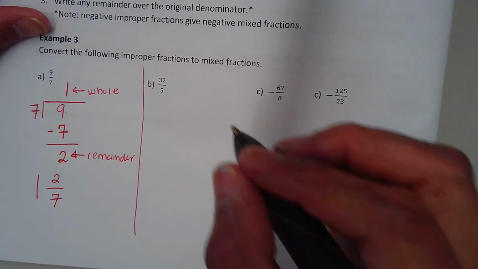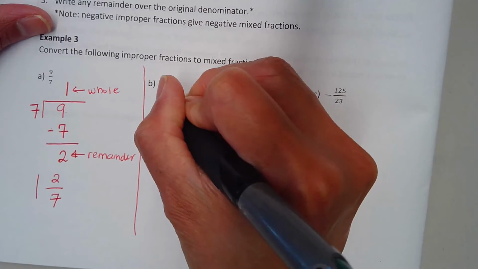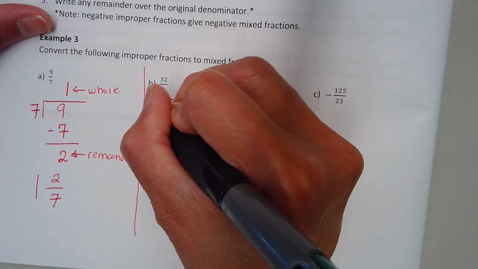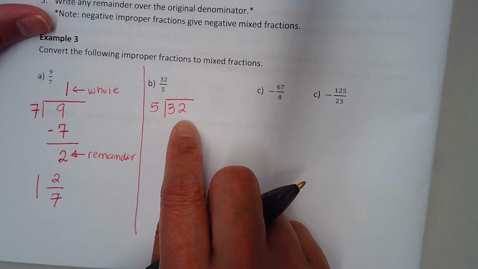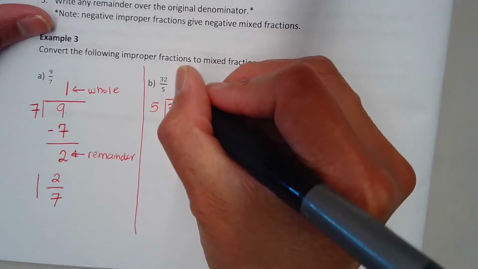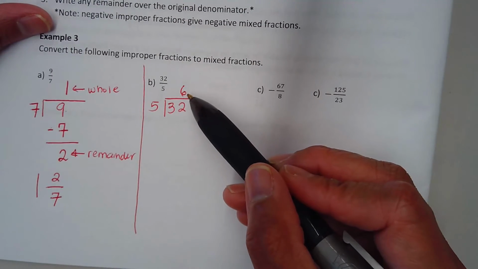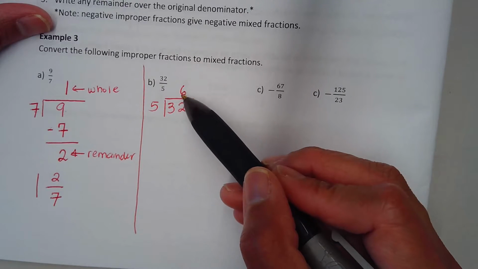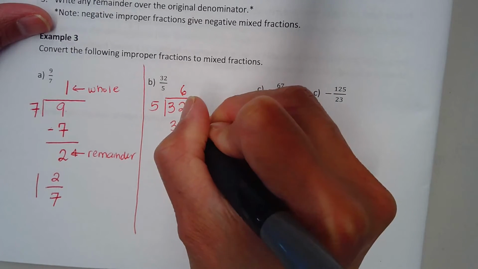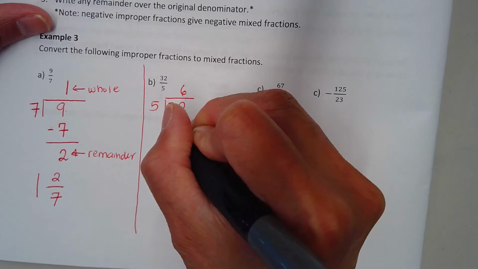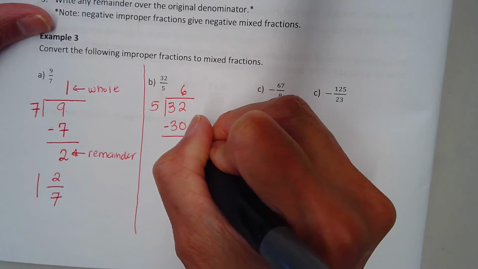Okay, let's try letter B. 32 divided by 5. So how many 5s fit into 32? 6, right? Now what are we going to do next? 6 times 5 is 30. Subtract, and your remainder is 2.